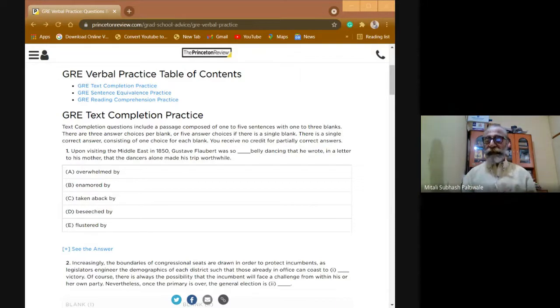The glitch here is which one is the answer out of the two correct answers that one has to pick up. That is where the degrees of adjectives come into play. When you understand the degrees of adjectives, it will be easy for you to understand the correct meaning of the answer and then choose it. Right, friends? Now, let us start with question number 1 for text completion practice.